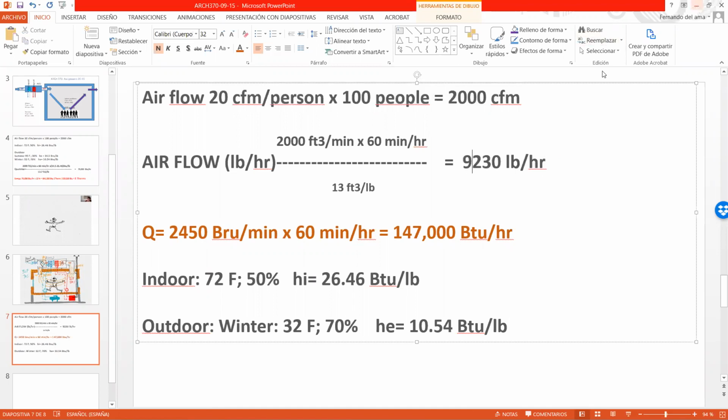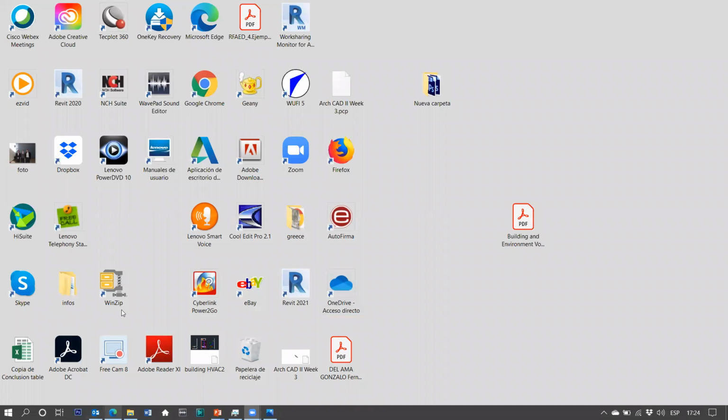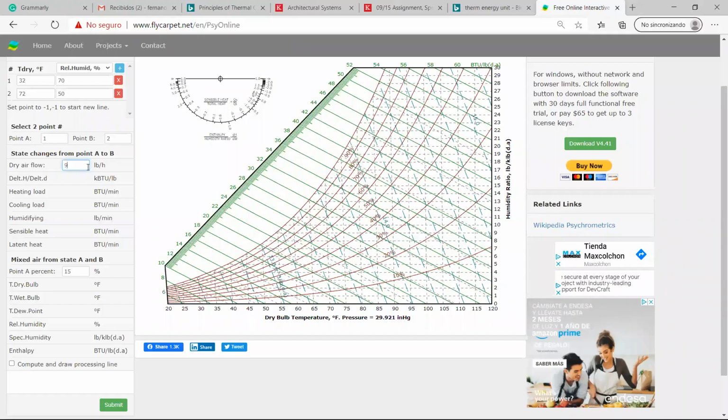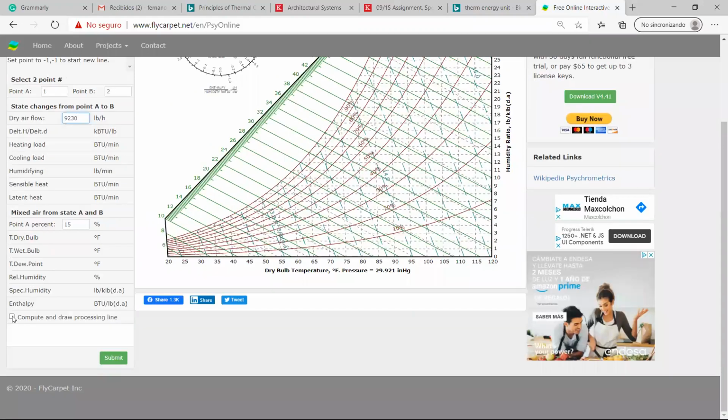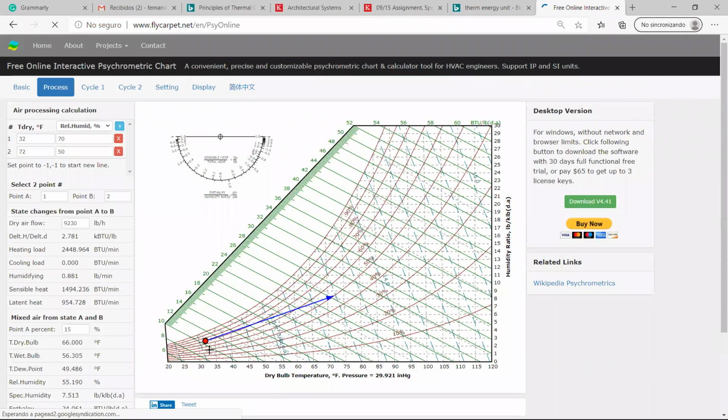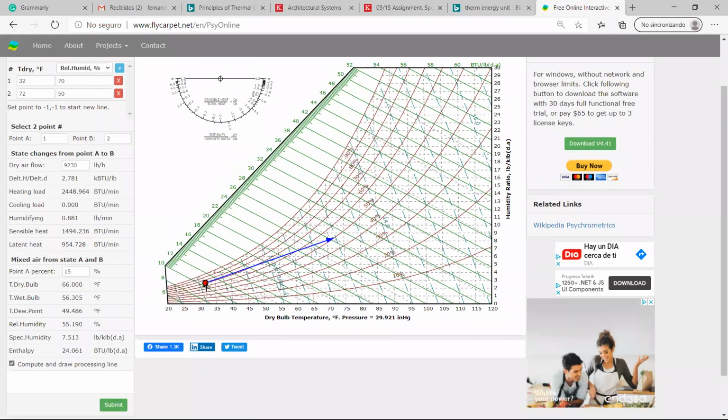So this is 9,230. We just need to compute and draw processing line. We click here, submit, and there you go. So you can check whether this line starts at 32 and 70 and it ends at 72 and 50. So yeah, it's correct.